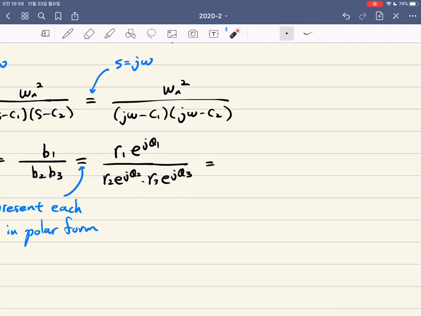The beauty of this polar form is that I can combine the magnitudes because they are all related with multiplication or division, and also I can combine the phases like this, e to the j (theta 1 minus theta 2 minus theta 3).